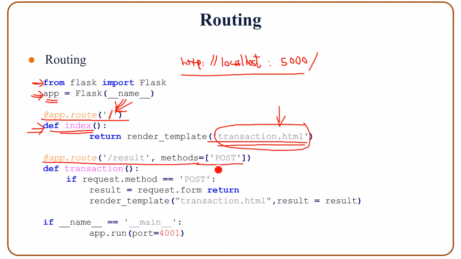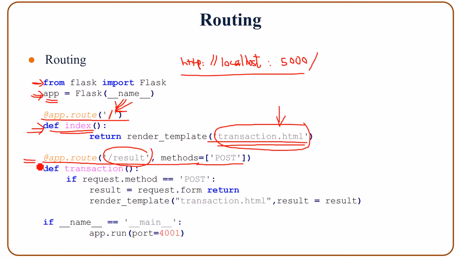So the form has an attribute called action. The action specifies where the data is sent. So in the form, let's say you send to slash result.